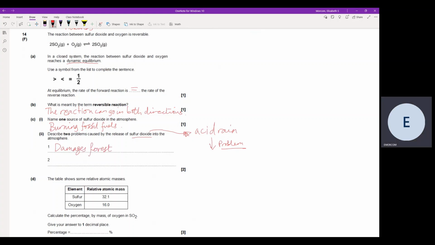We can say that it corrodes buildings made of marble or limestone. We can also talk about how it causes respiratory problems like asthma.